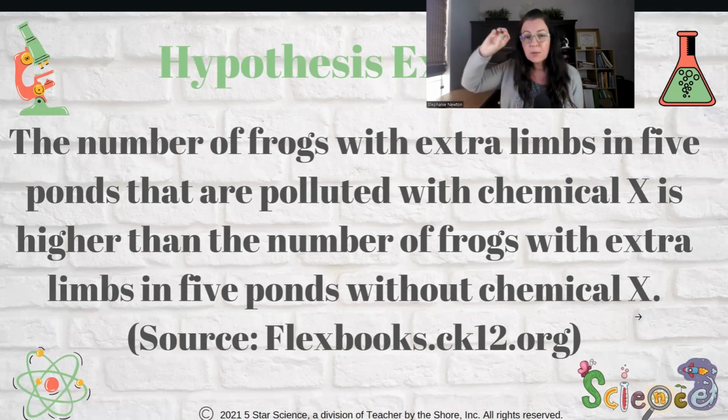So they're saying there's going to be, when we do this observational research, we are going to see more frogs with extra limbs in this pond that has more chemicals. And we're going to see less in this pond.